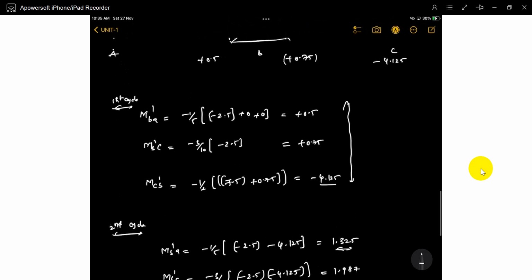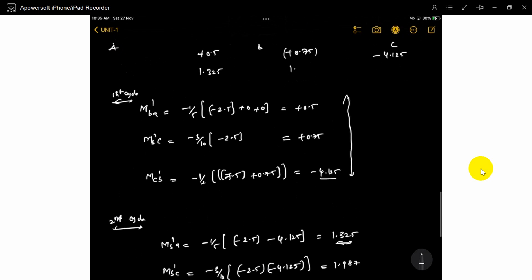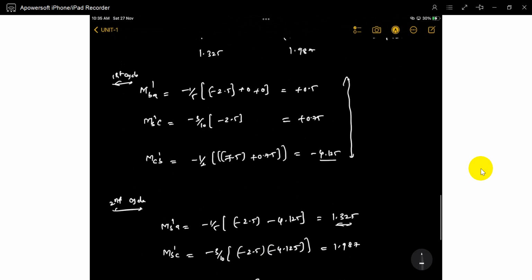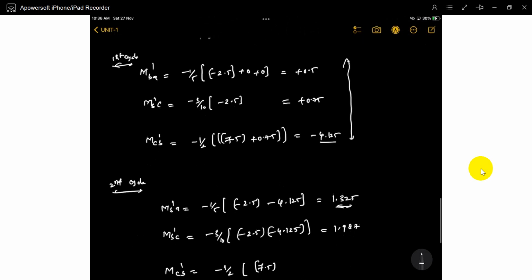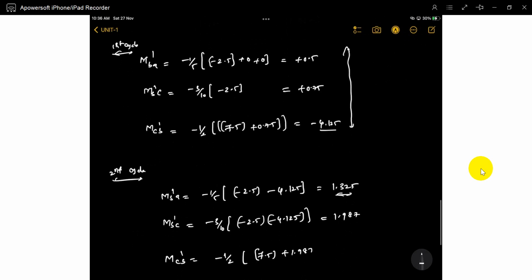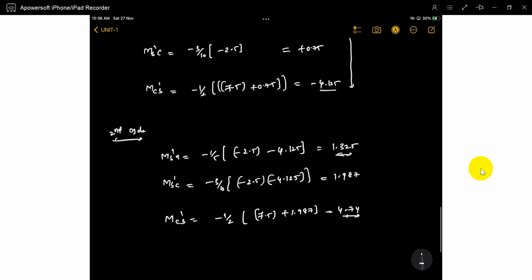Now far end contribution for C is 1.987, we already calculated, so use it. 1.987 plus 7.5, answer divided by 2. You will get 4.74.